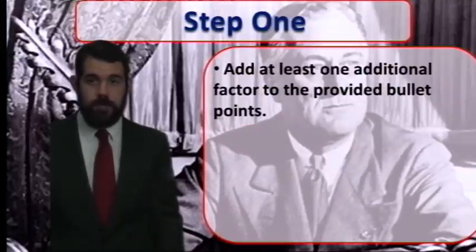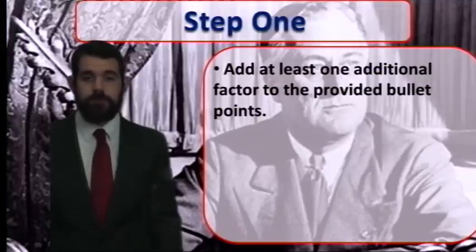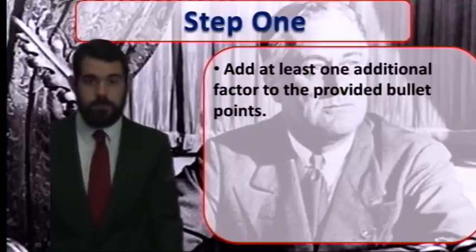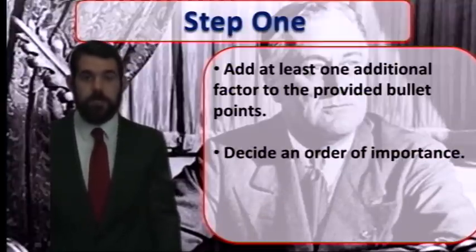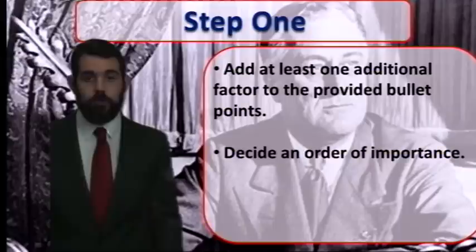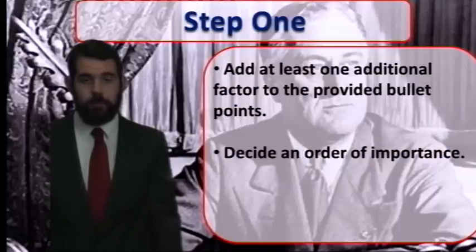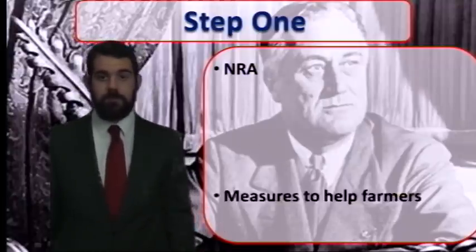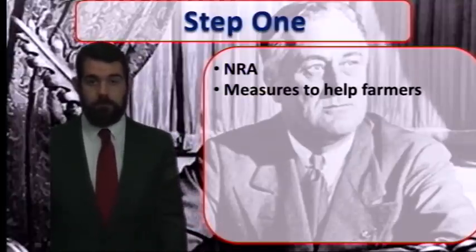So the first step is to add at least one additional factor to the 2 bullet points. Think of some other important feature of the New Deal for the purposes of this question, and perhaps decide early on your order of importance. That will help you make statements of relative importance, which is what you need for the top marks. So I'm given the NRA, I'm given measures to help farmers.